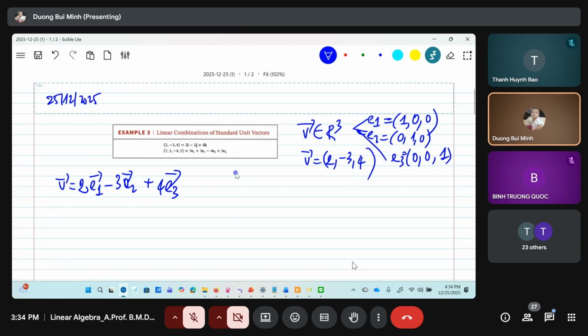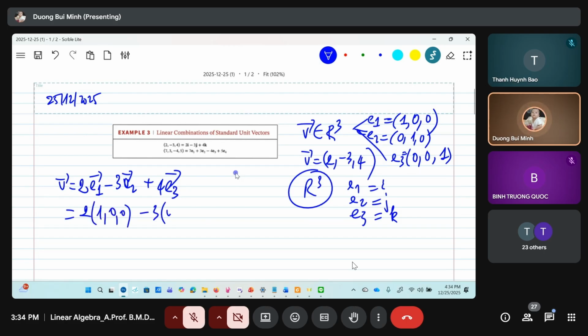Or we can use i, j, k, because normally for R3 we don't use e1, e2, e3. So here we have 2 times 1, 0, 0, minus 3 times 0, 1, 0, and plus 4 times 0, 0, 1.